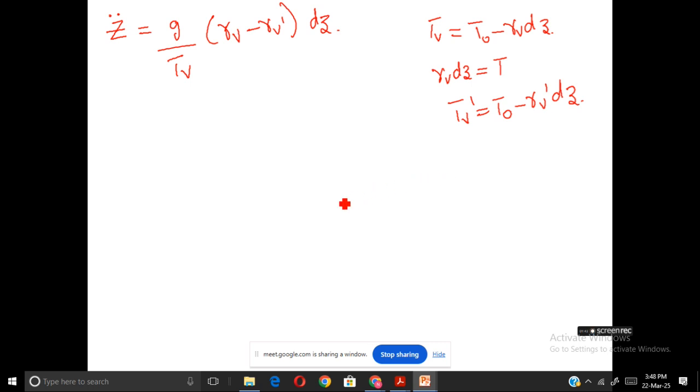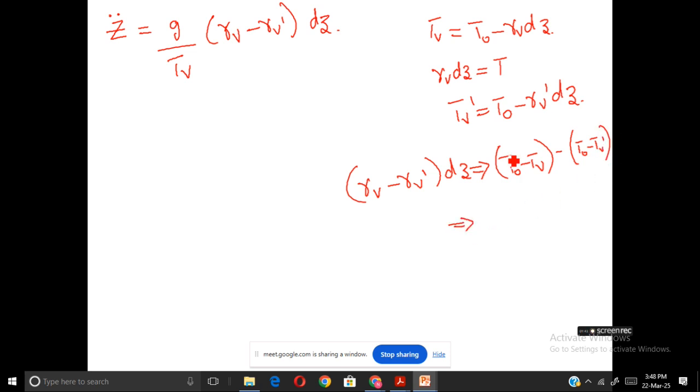We substitute gamma v minus gamma v dash dz in the equation: gamma v dz is basically T0 minus Tv, minus gamma v dash dz is basically T0 minus Tv dash.